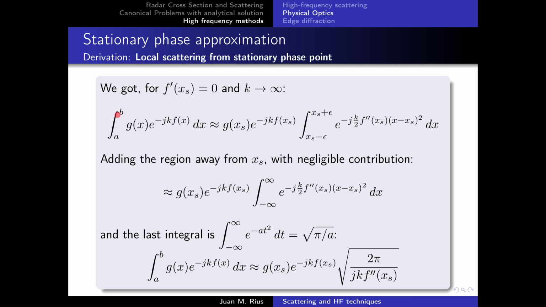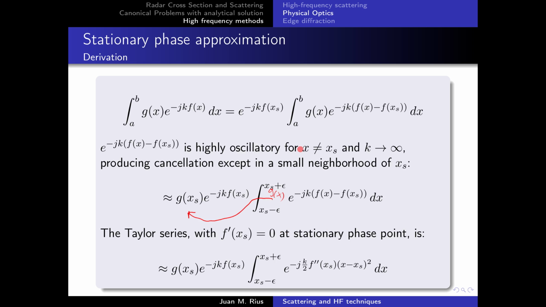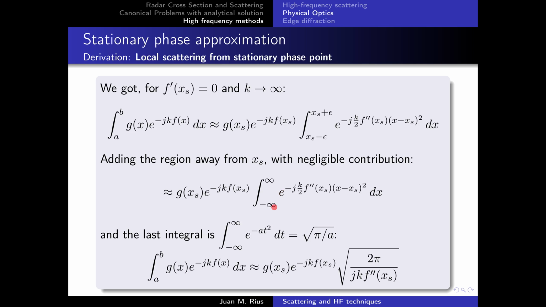This is what we got, the last expression in the last slide. Now, since the region away from xs has a negligible contribution, we can extend the integral from minus infinity to infinity, because what we are adding are parts with a negligible contribution where the phase cancels out. The difference with the last expression is that we were integrating in the actual surface limits, and now we are integrating from minus infinity to infinity.